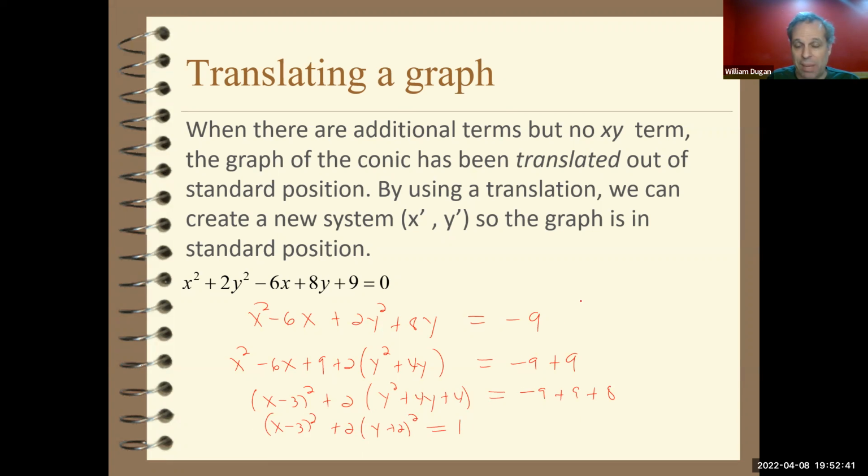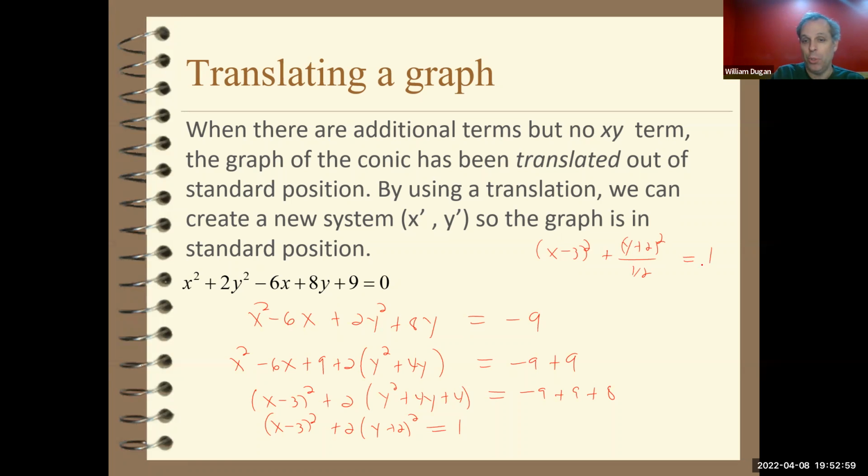So that equation can be written as x minus 3 squared plus y plus 2 quantity squared over a half equals 1. And that's the standard form of an ellipse. So it's an ellipse.